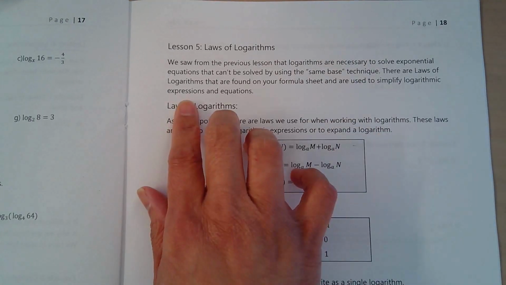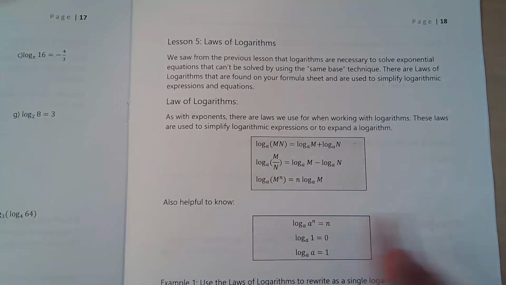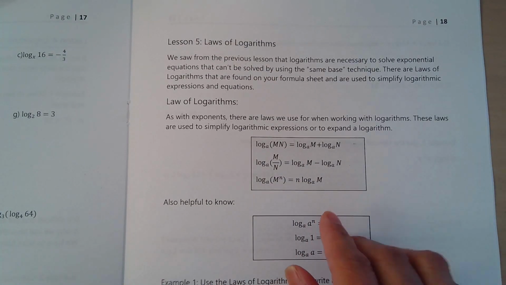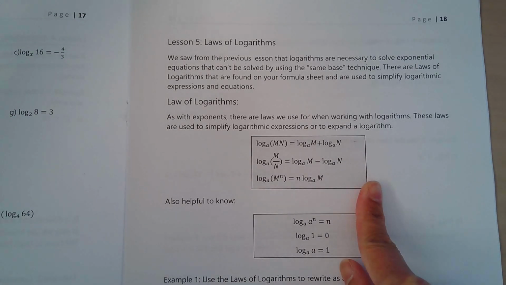There are laws of logarithm that are found on a formula sheet, and we'll refer to that. I referred to that earlier. This is going to be on your provincial exam formula sheet.